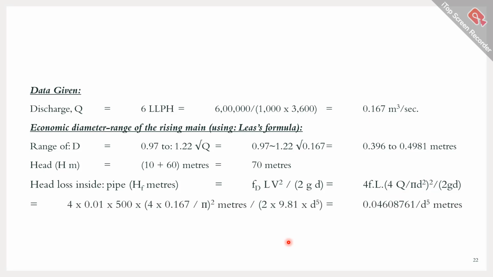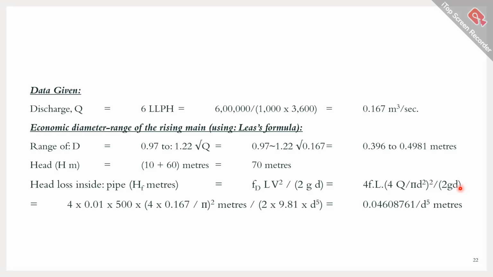Now upon simplification, F is given in the question as 0.01. So 4 into 0.01, L is given as the distance 500 meters, into 4 into Q, which we have just calculated as 0.167 meter cube per second, divided by pi, and the whole square. Now this D square squared means D to the power 4.